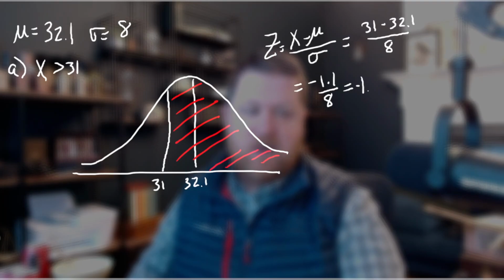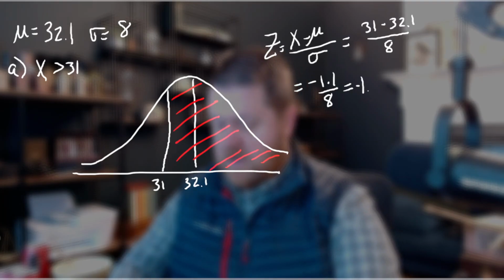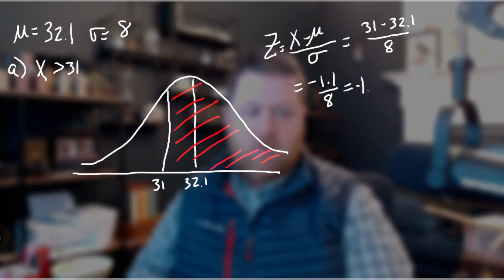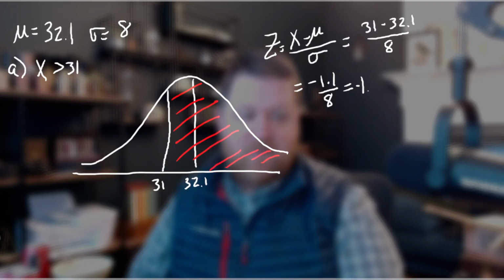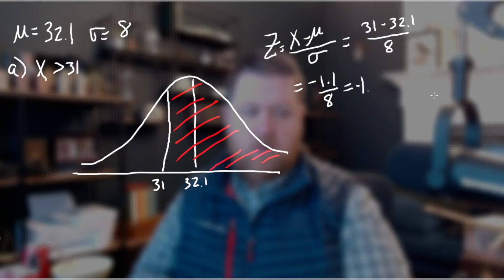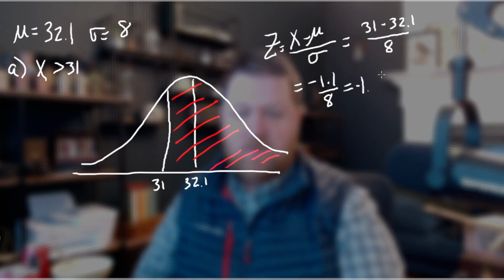Oh, I should have had a calculator ready, and I don't. Let's see, 1.1 divided by 8, 0.1375. Oh, yeah, that makes more sense.